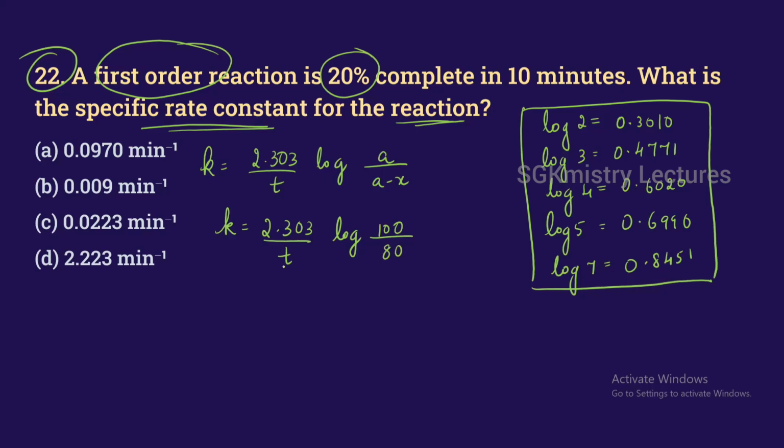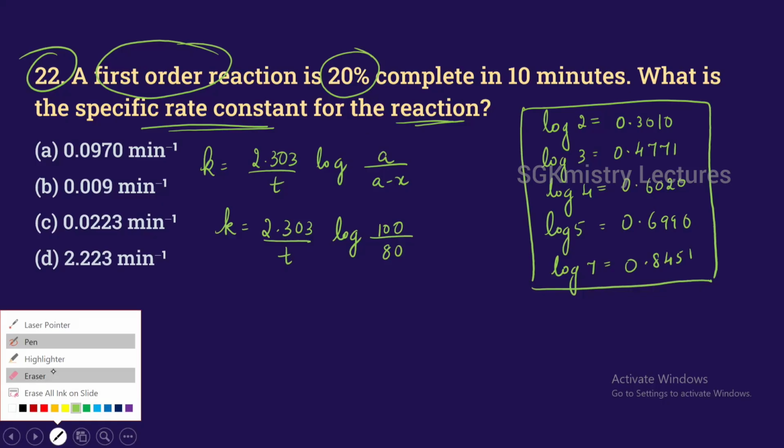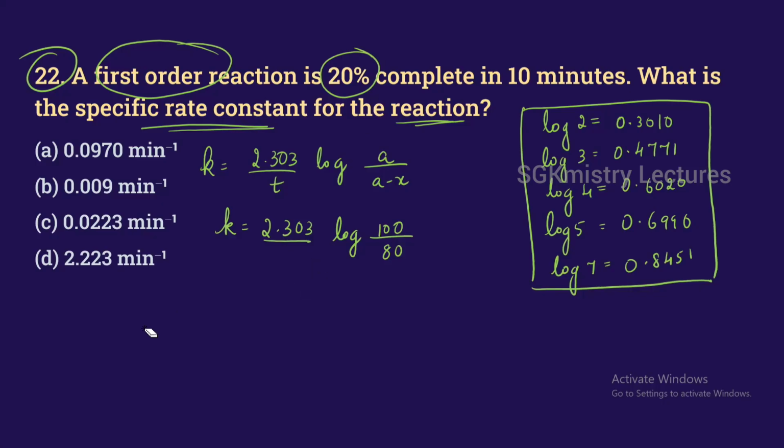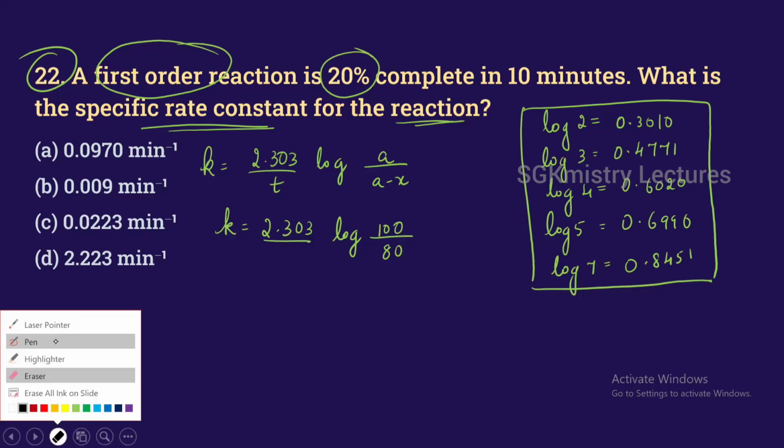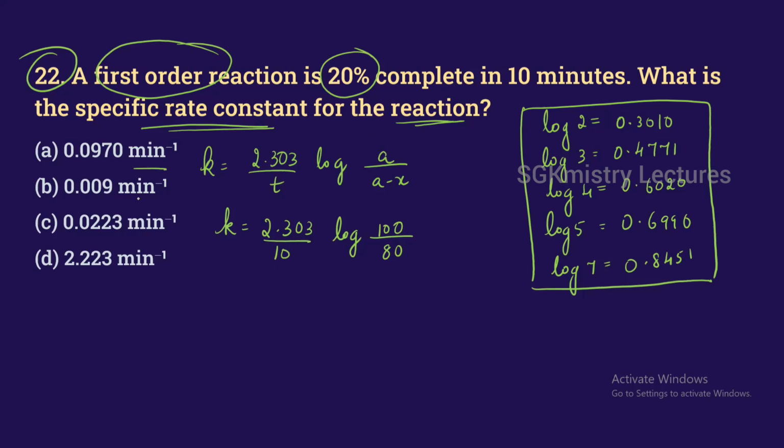Now in 10 minutes, so time is given as 10. So let me substitute here itself. Time is 10. Now here you can see in the option, minute inverse is given. So I need not do any conversion into seconds. Now here 0 and 0 cancel. 4, 5. So we need to do 2.303 by 10 log 5 by 4.